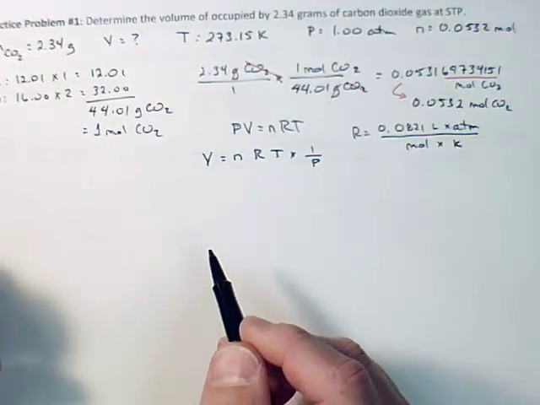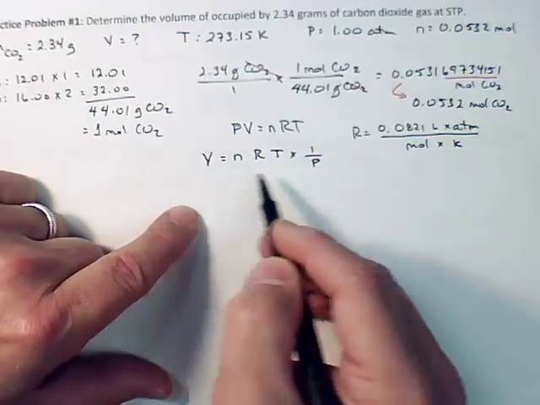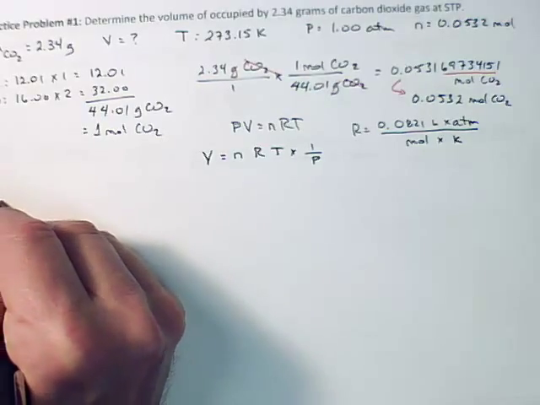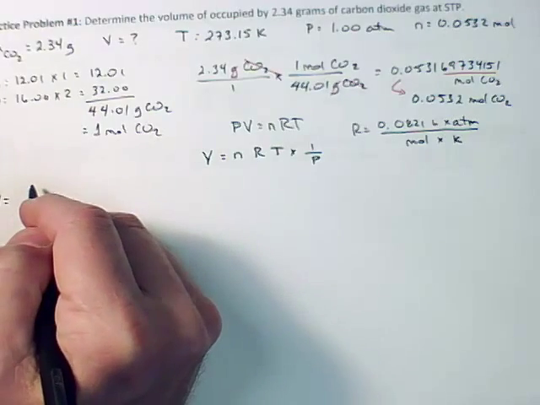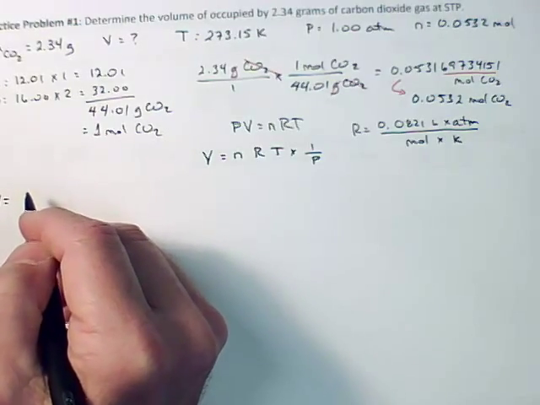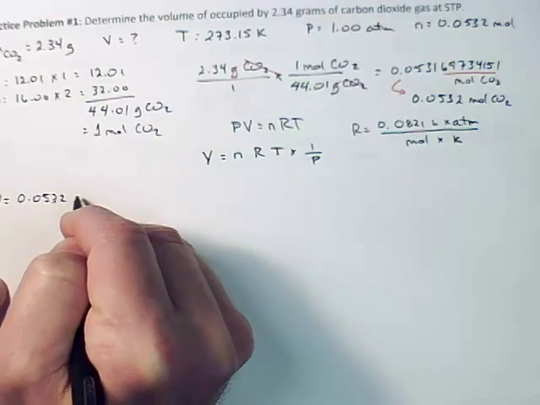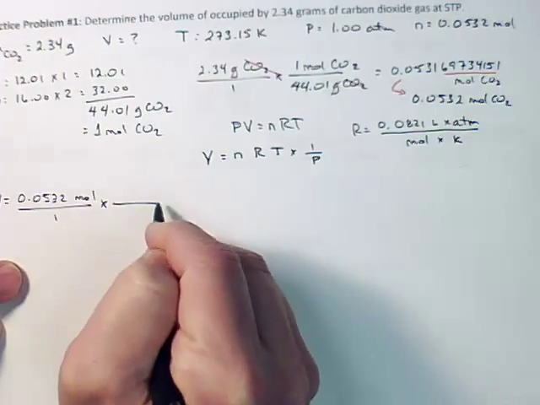Now if you don't know how to do this and get it right when you do the math, see me and I'll help you with that. But this is just simple algebraic rearrangement. So we're going to say volume then is equal to the moles, which is 0.0532. I put that over 1 to keep everything kind of arranged neatly.